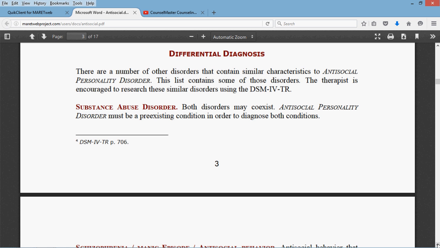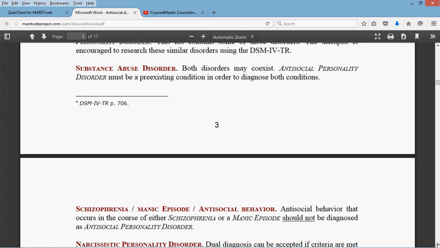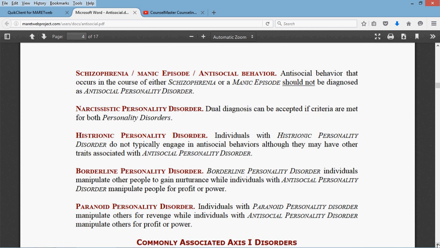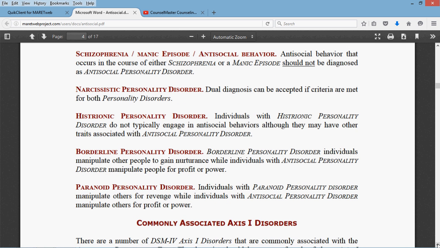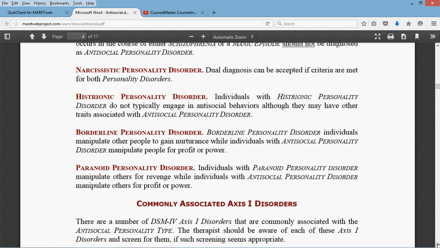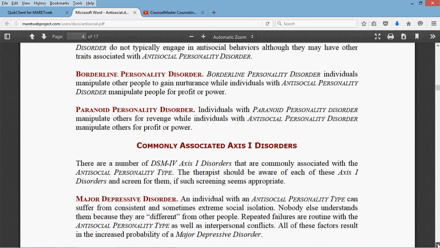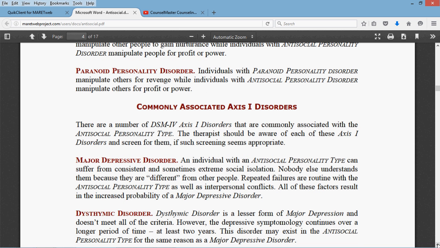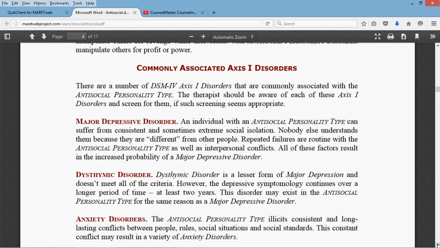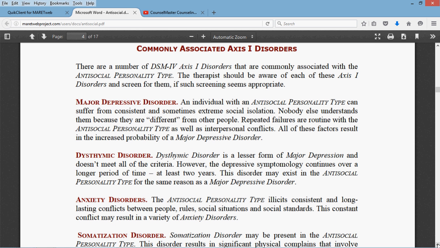So substance abuse disorder, and you can see the whole list of everything else that might be manifesting. Some of these can be comorbid, meaning you can have both of them at the same time. Axis 1 disorders that are commonly associated with antisocial. These may be things that you might want to explore.